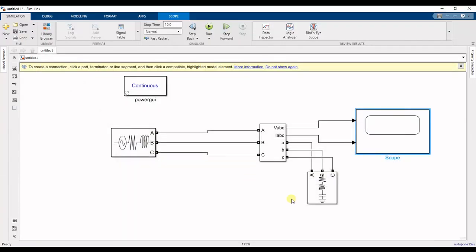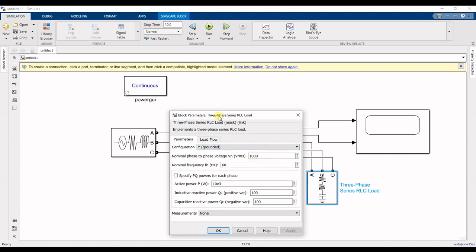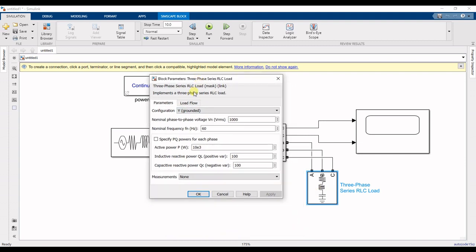So we will check the load. The three-phase series RLC load has a nominal phase-to-phase voltage of 400 volts. It should be 400 volts because the generator is working at 400 VRMS with a nominal frequency of 50 Hertz.